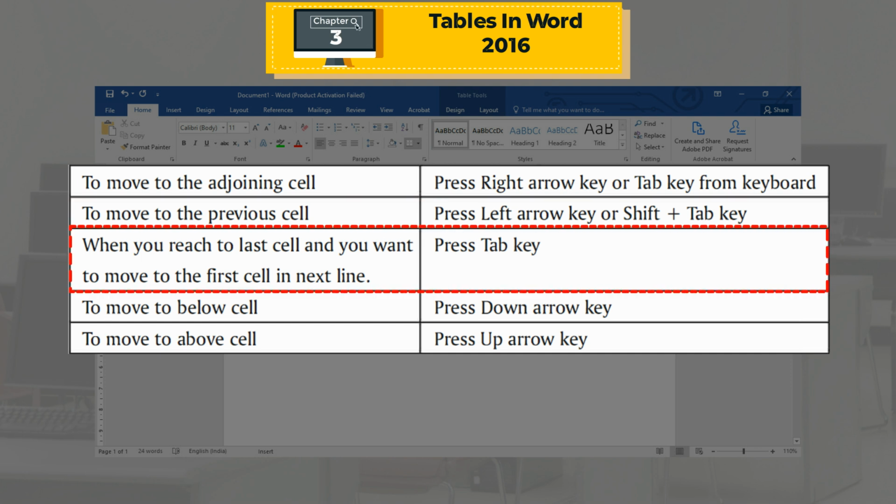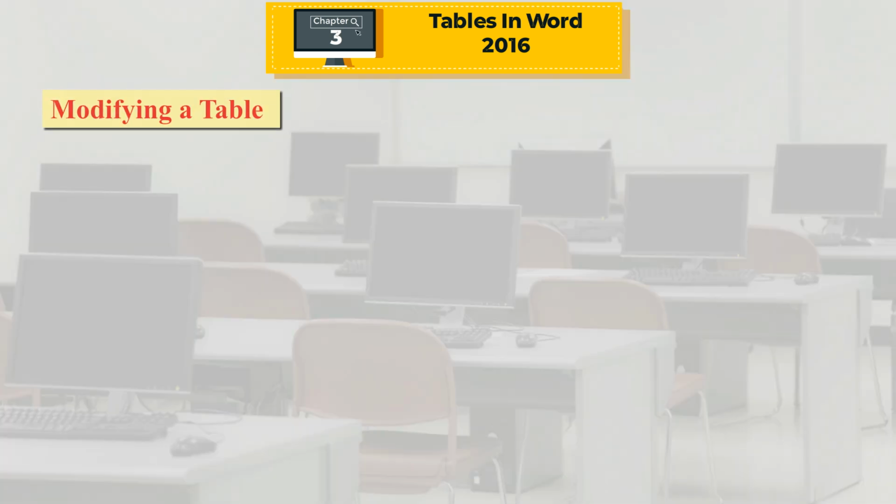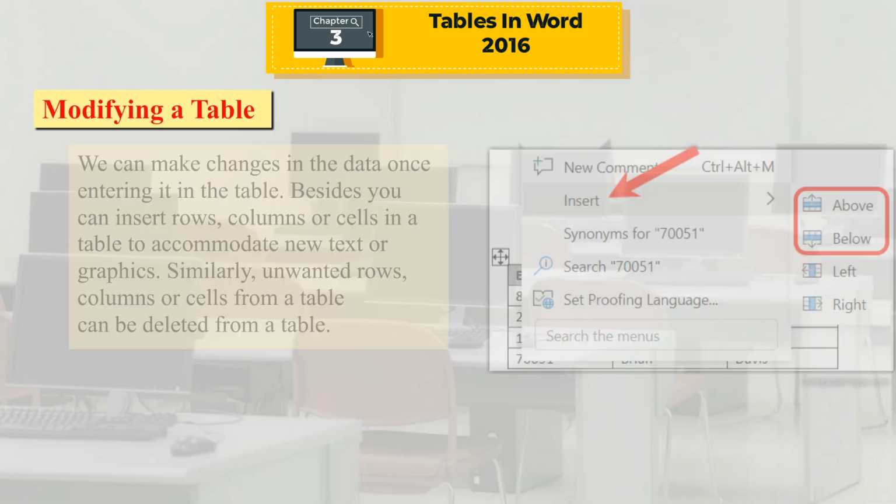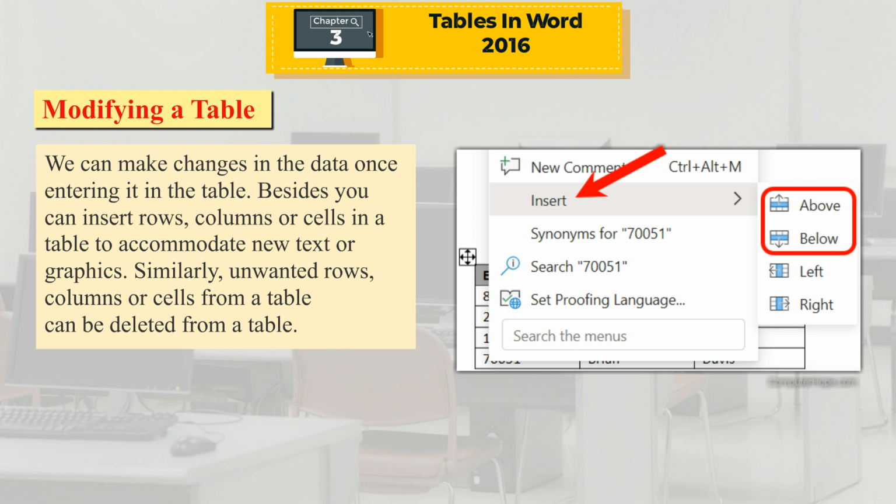When you reach the last cell and you want to move to the first cell in next line, press tab key. To move to below cell, press down arrow key. To move to above cell, press up arrow key. Modifying a table. We can make changes in the data once entering it in the table. Besides, you can insert rows, columns, or cells in a table to accommodate new text or graphics.